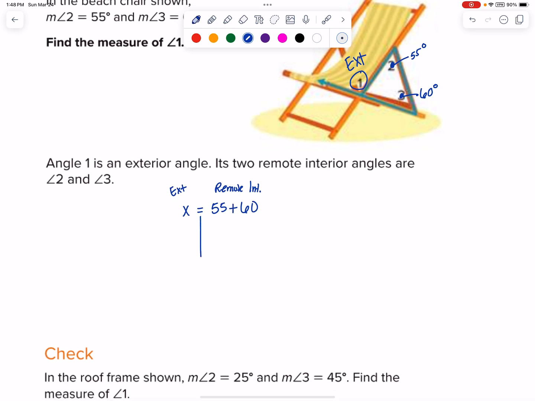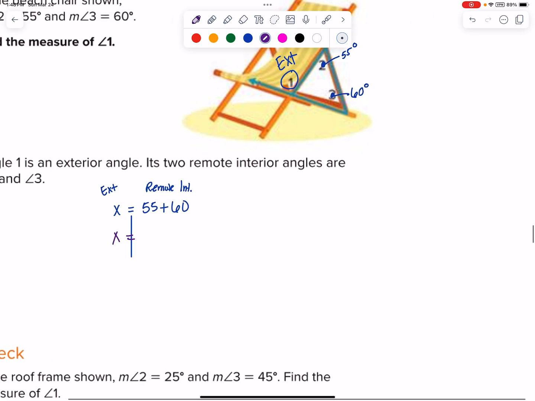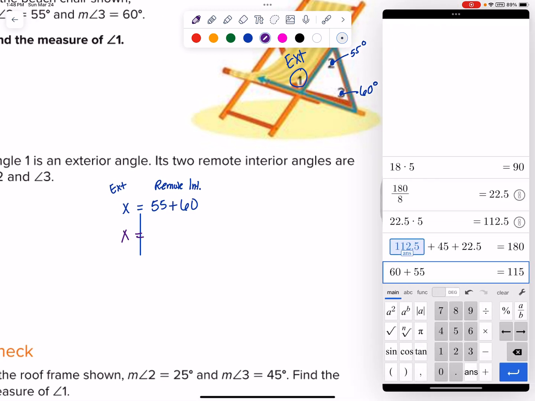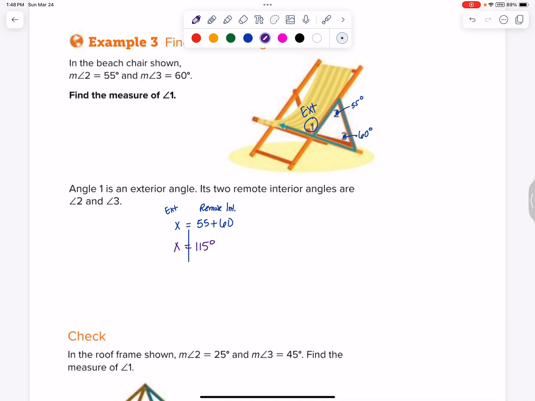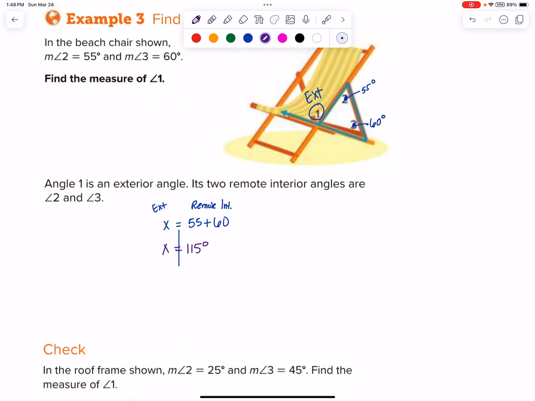So let's just go ahead and solve them out. It's a super quick solve. X equals whatever they equal to. So 60 plus 55, and we got our answer. And there we go, 115 degrees. And so that means that our exterior angle is 115 degrees. So let's go ahead and officially write that. The measurement of angle 1 equals 115 degrees.